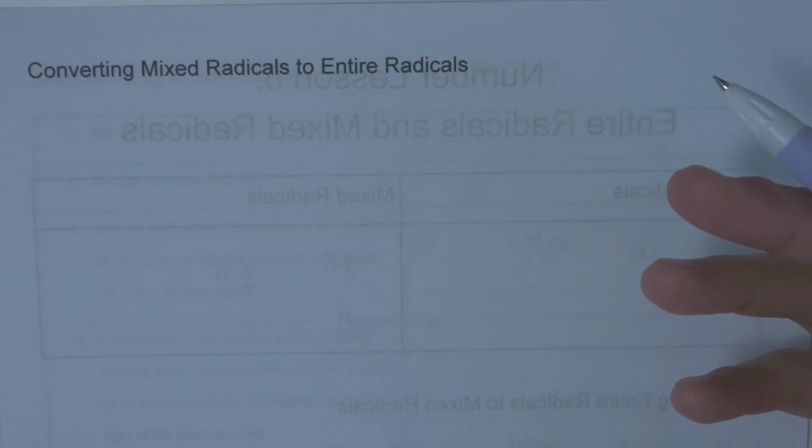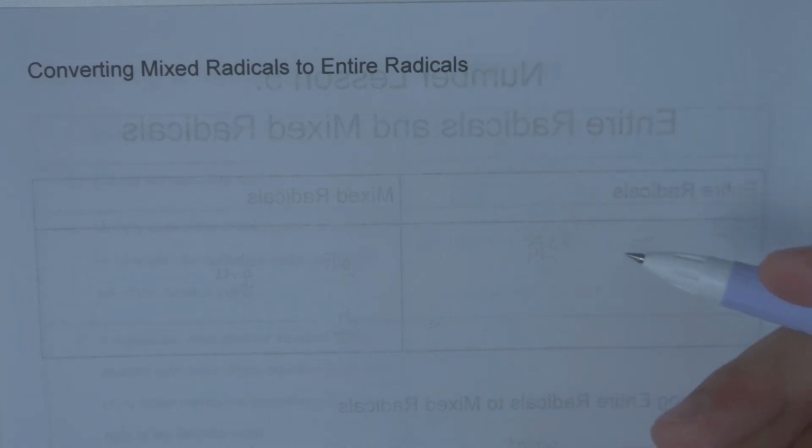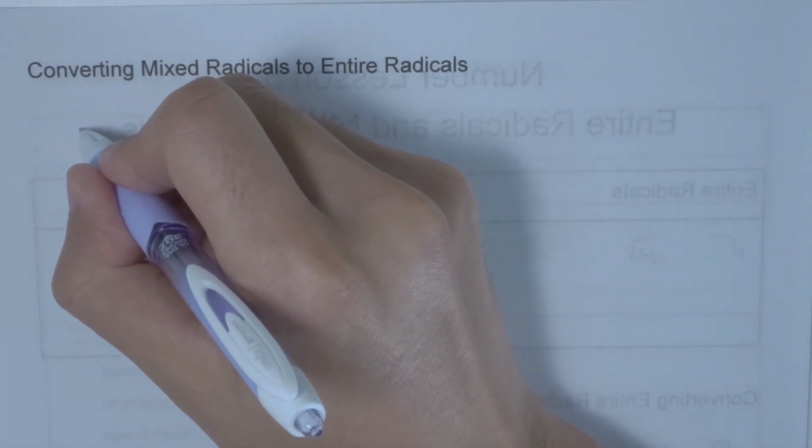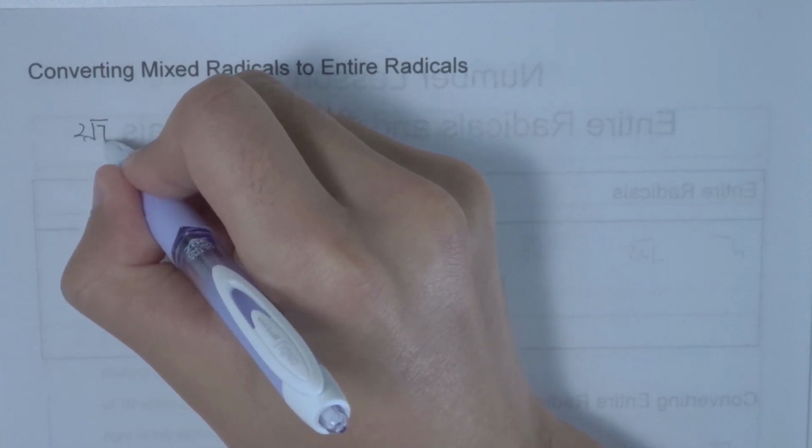And now let's try converting mixed radicals to entire radicals. First, let's still do the square root. I have 2 square root 7.